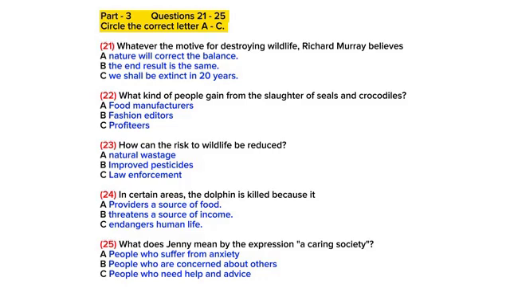Richard Murray, a zoologist and popular TV personality, has been giving a talk on endangered species of wildlife to members of the Young Conservationists Association in a small town in the south of England. Listen to the extract from the discussion he had with two of the young people after his talk.